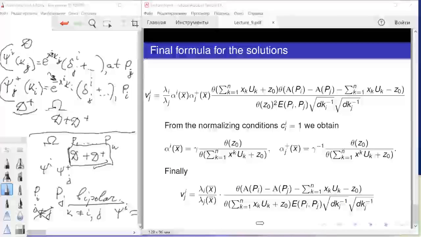What is important is the way how we obtained it. This way is rather universal and is applicable also to Hitchin systems.